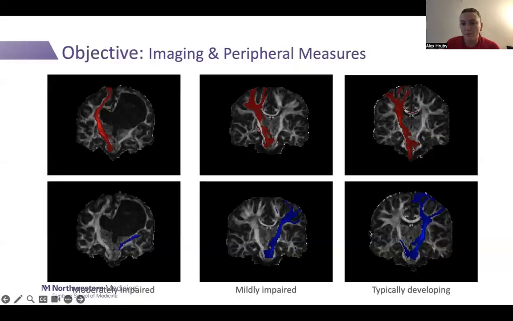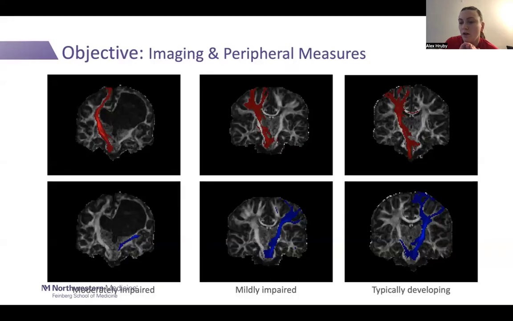Okay, so here are some examples of the images that we get, and using those FA values, we're able to isolate the corticospinal tract. That requires a little bit of post-processing where I color in different structures in the brain, the cerebral peduncle and the posterior limb of the internal capsule.